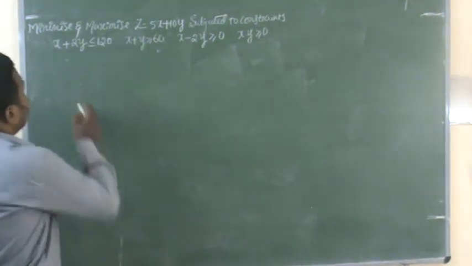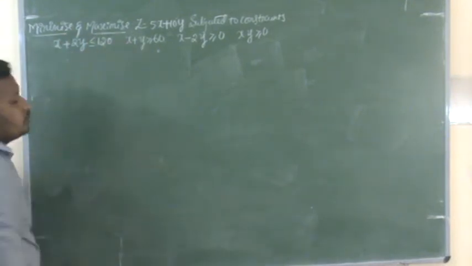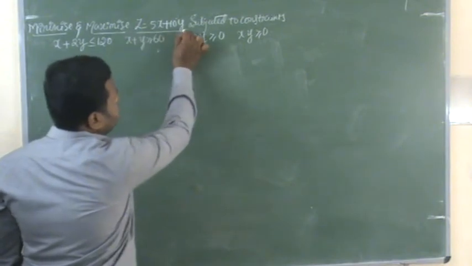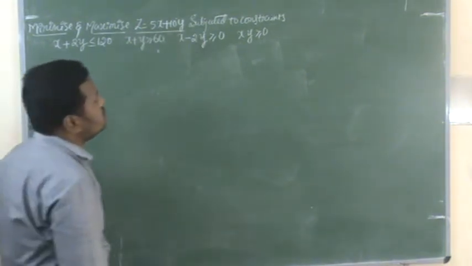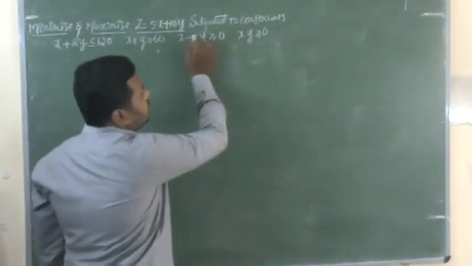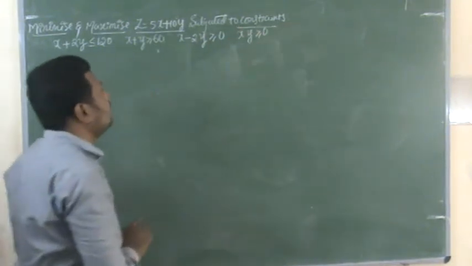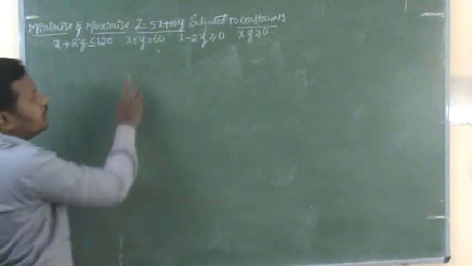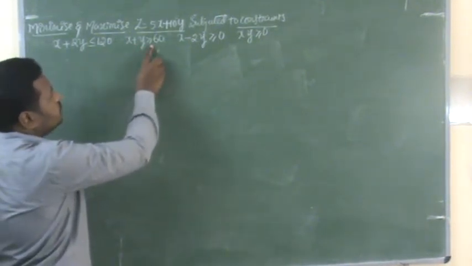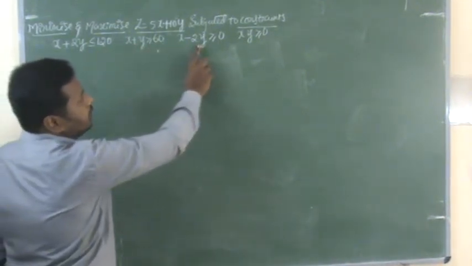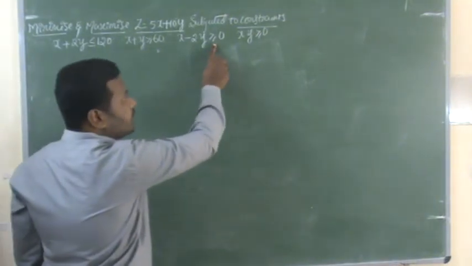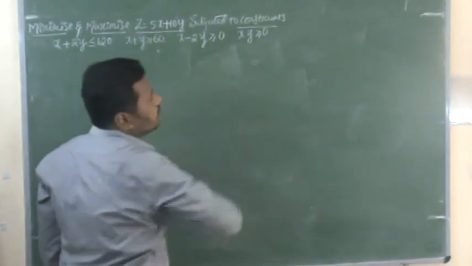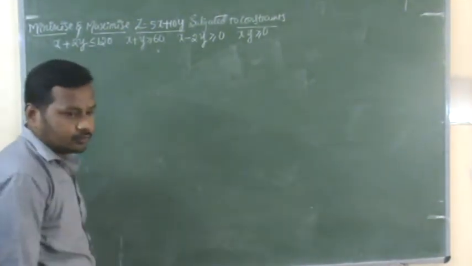Now we have to minimize and maximize both, that is z is equal to 5x plus 10y subject to the constraints x plus 2y less than or equal to 120, x plus y greater than or equal to 60, x minus 2y greater than or equal to 0, and x, y greater than or equal to 0.